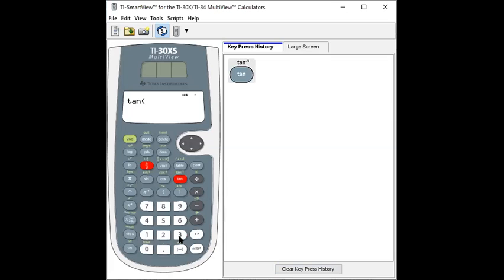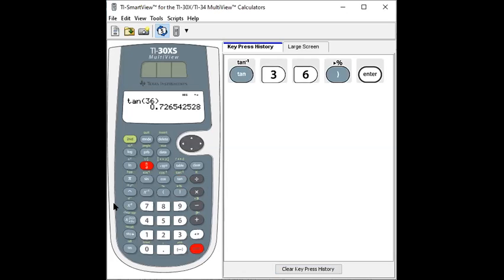Now you see you have the parenthesis, 36, closing parenthesis, enter. 0.7, we could just call this 0.73. Now the more numbers you use, the more accurate your answer is going to be. But for this, I look at the choices on number 1, and they're kind of far apart. So I think we're okay if we just use 0.727. Let's do that. 0.727.